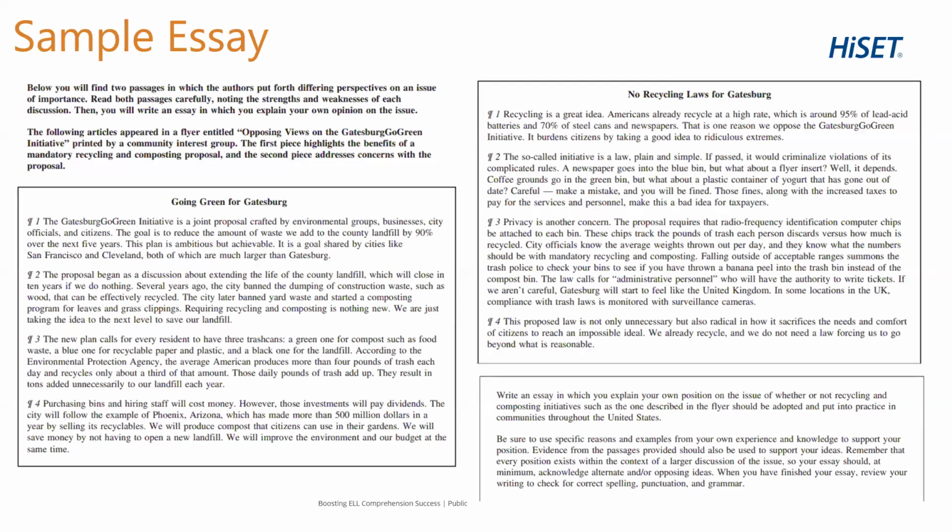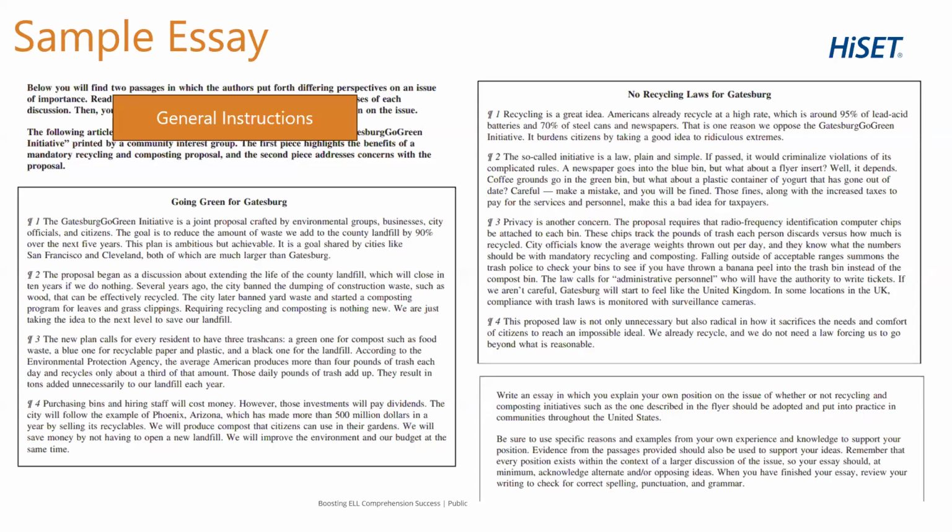Then here's what the essay would look like. They get some instructions, and then we present two passages on a certain topic. Looking at it more, we have our general instructions. Here are some essays. You're going to read and then put forth an essay where you argue your point. The second paragraph will tell you what the topic is of each one. The first one says this, the second one says this.